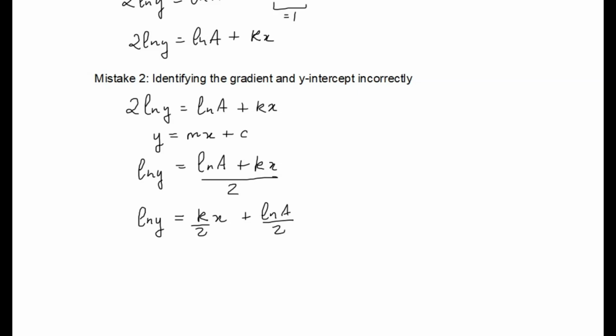So now this is looking more like our original straight line equation, which is y is equal to mx plus c. Now we can easily identify the gradient. So m in this case would be the coefficient of x, which is k by 2. And the y-intercept c is log a by 2.